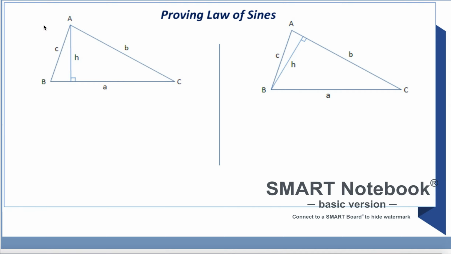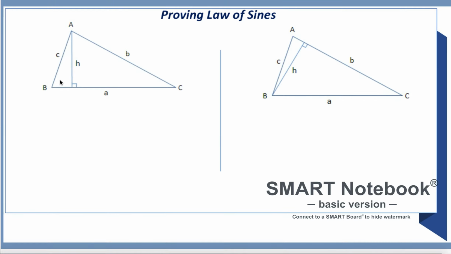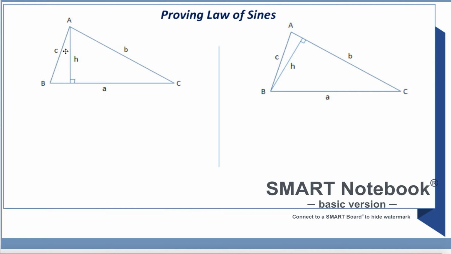To prove the law of sines, we can work in this way. For example, we have here the angle beta. Let me take a pen.